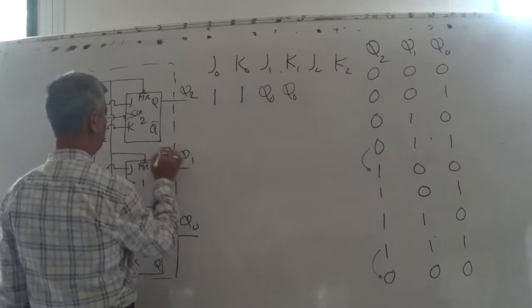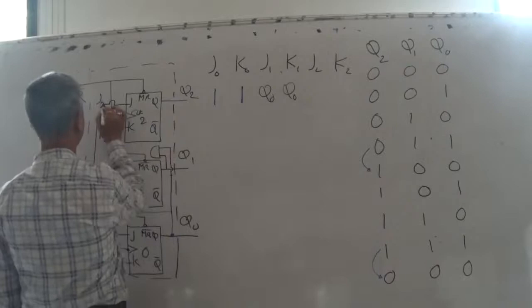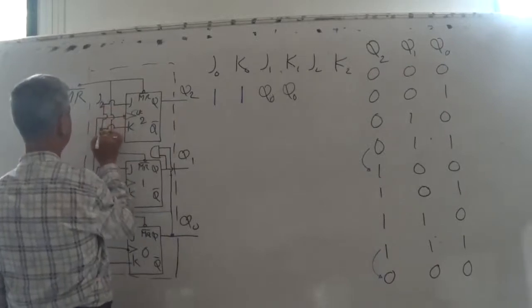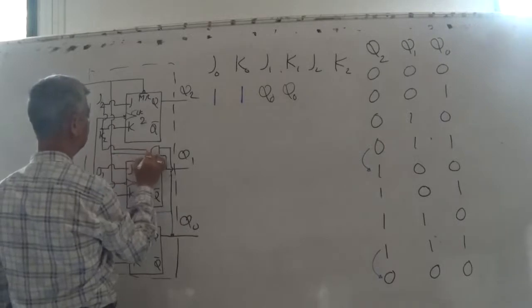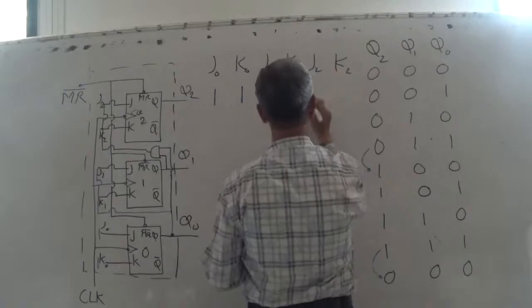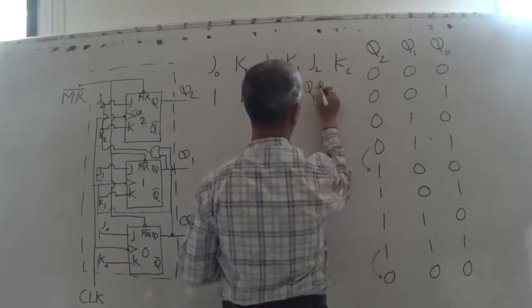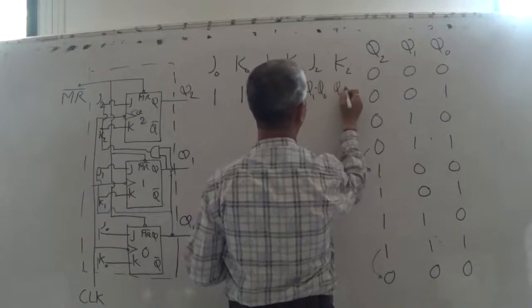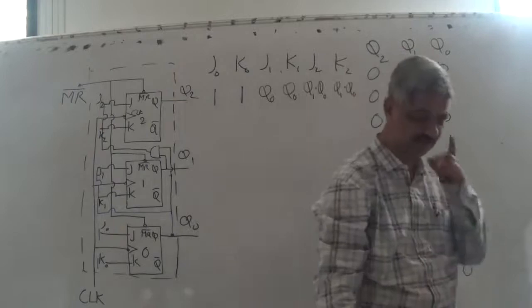I should have an AND gate, and so what is J2 and K2? I can write here as Q1 dot Q0. Q1 dot Q0. This is J2 and K2.